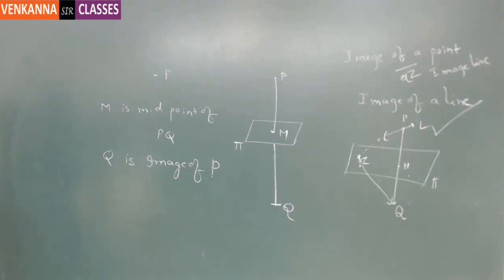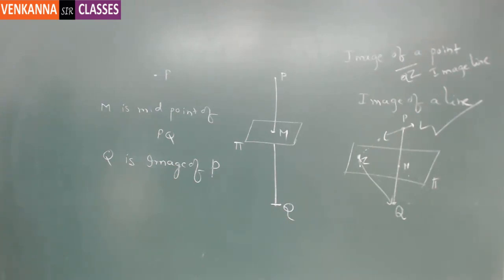So you have calculated two things here. One, the image point. Two, the point at which the line meets the plane. When you have two points, you know how to write the equation of a line. I have given the two-point form earlier: (x minus x1) by (x2 minus x1) equals (y minus y1) by (y2 minus y1) equals and so on.